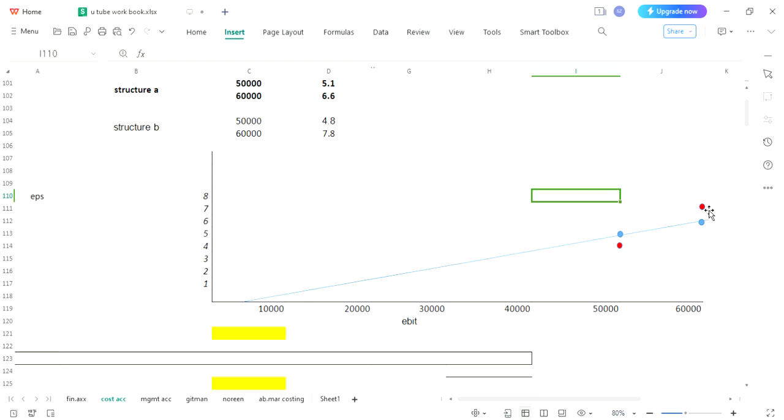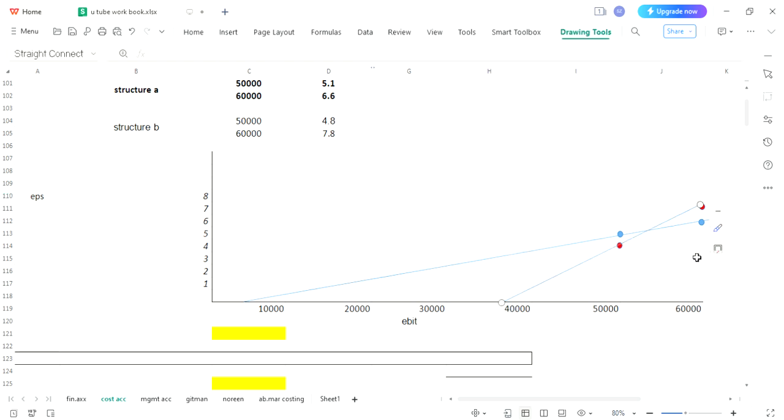Now we are going to mark them, joining these lines with the help of a straight line. Let's join them, and we do have this much straight line.